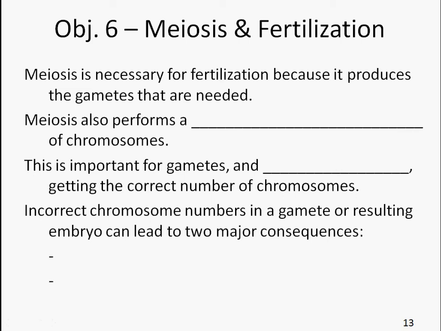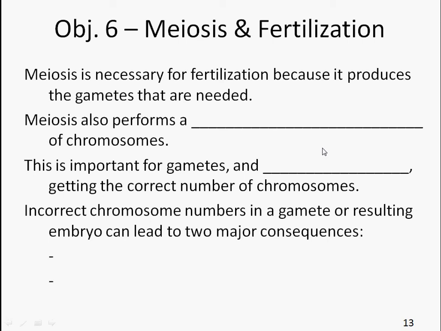Reduction, like reducing the number of chromosomes, and then put a hyphen, division, like multiplication division, because we're dividing the chromosomes in half. So reducing the number and then dividing them in half.